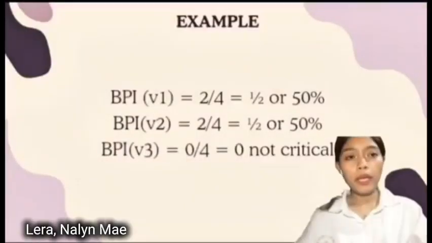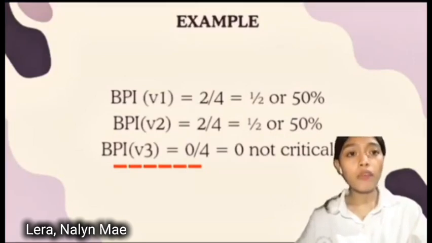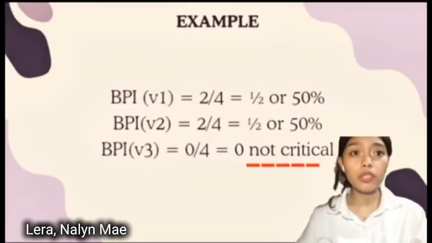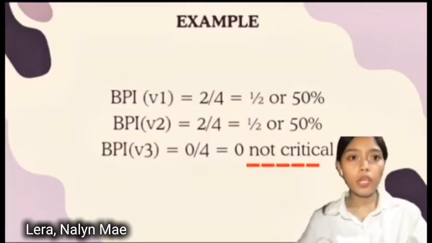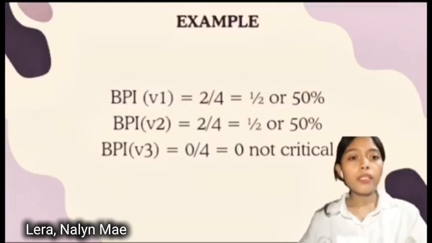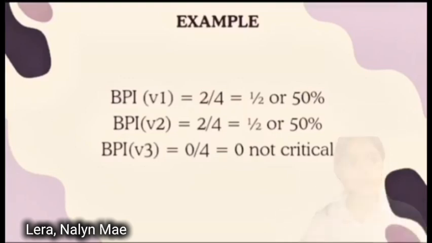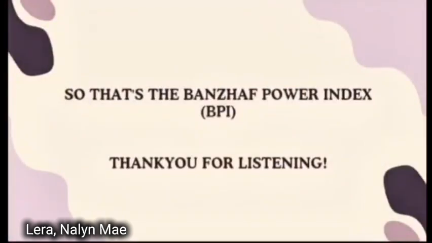The BPI of V3 is 0 over 4. It is not a critical voter because it cannot make a winning coalition, so V3 is a dummy. So that's the Banzhaf Power Index. Thank you for listening.